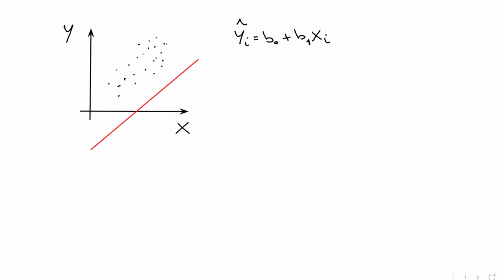Say, for example, this person with this x, I say that this person should have this much y, but in reality, anyone who has this x has a much higher y. So it doesn't look like this line does a good job to capture this relationship between x and y. Again, for any value of x, your prediction of how much y a person should have given that x is always too low. So can we do something to improve on that?